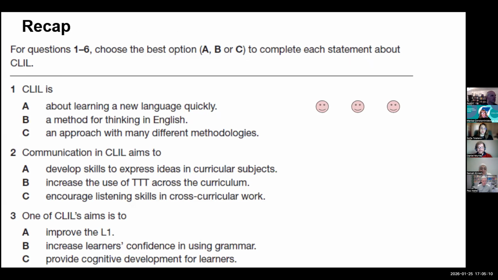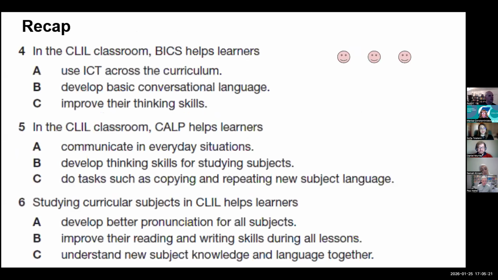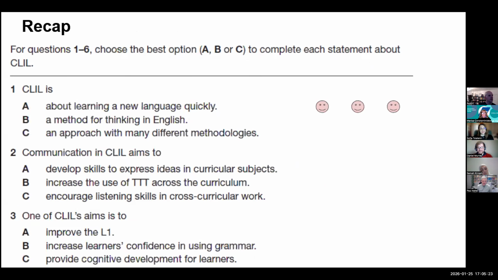They're not brilliant questions. I think they would like to think that it's A for the first one. But I think the result would be closer to B, that you would end up thinking in English.